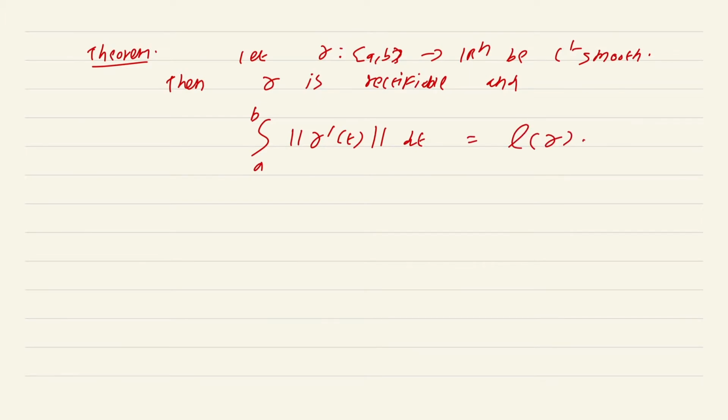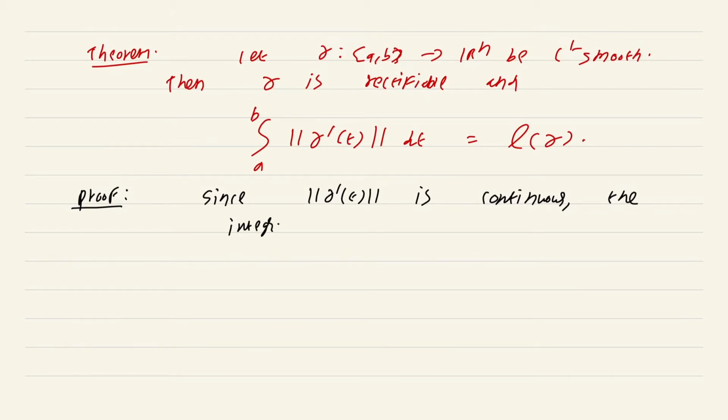So the physicist intuition is absolutely correct in this regard. Here the issue of well-definedness of the integral does not arise, since norm gamma prime of t is continuous, so the integral is well defined. There are no issues here with definedness of the integral.